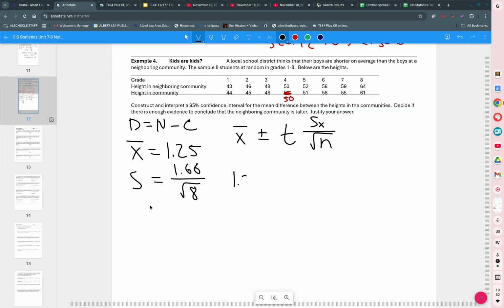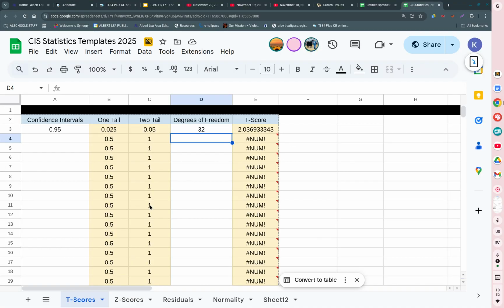So x bar, which is 1.25, plus or minus, I've got to figure out t. So to figure out t, and it's 95%, I go to my t-score, 0.95. What is my degrees of freedom? 7. So I go up here and I type 7. And I get 2.364.